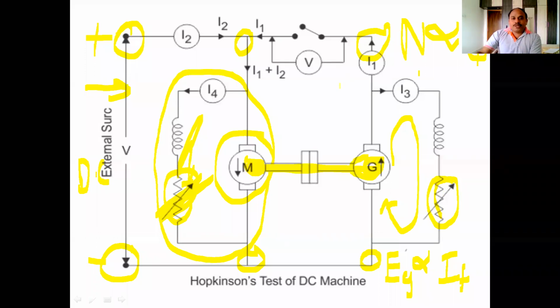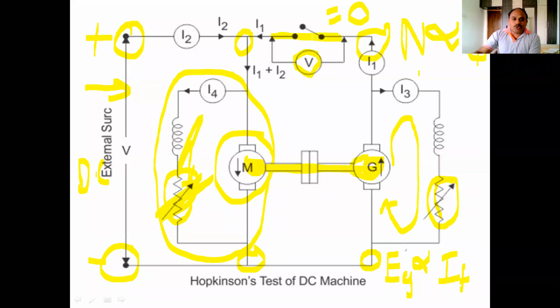In that case, the voltmeter reads 0, because the voltmeter measures the potential difference between two terminals, but we made the two terminals' potentials equal. If the voltmeter reads 0, the switch is closed.